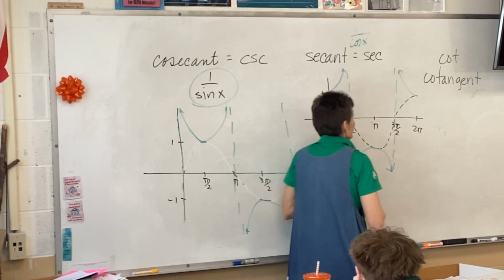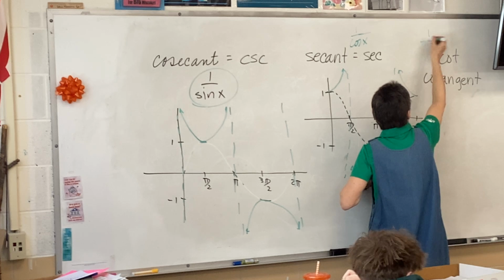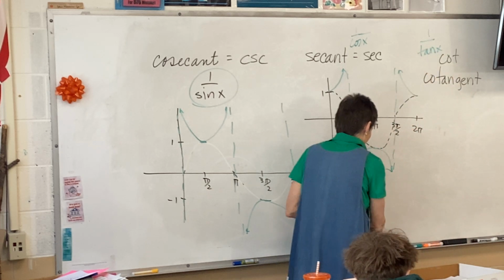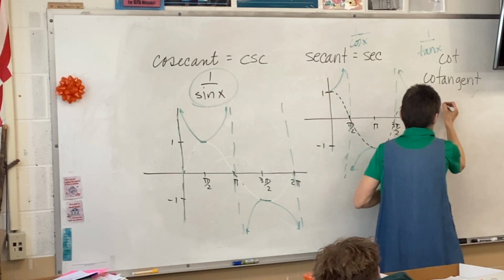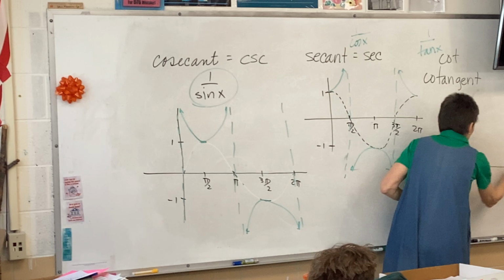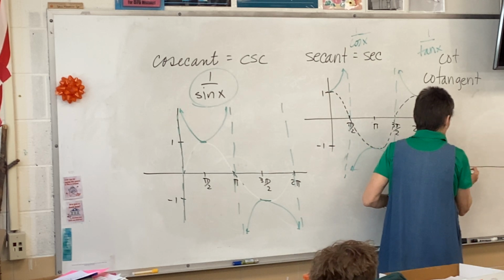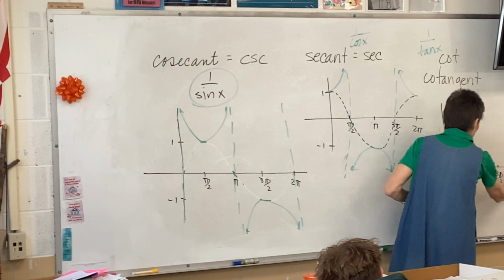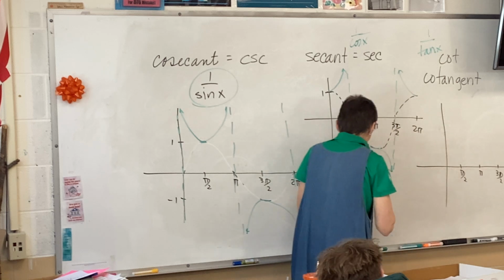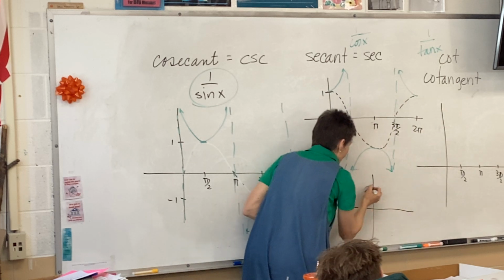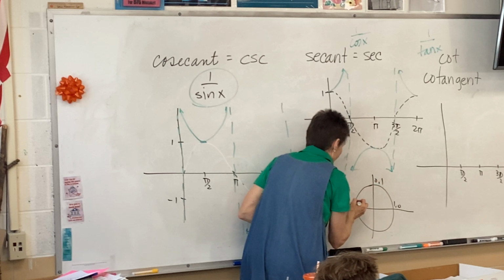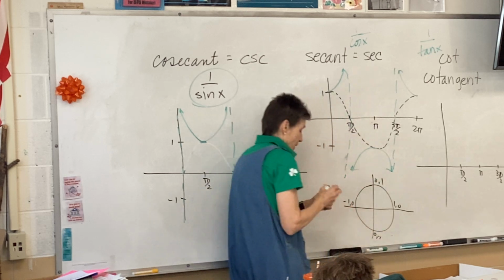Cotangent is the reciprocal of the tangent. Now remember, I probably should put my unit circle up there so you can see it.